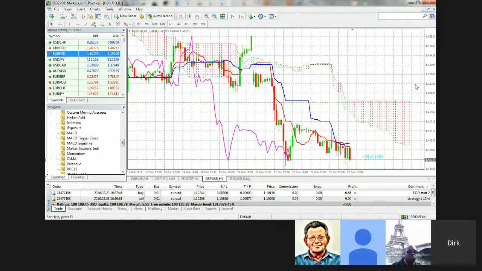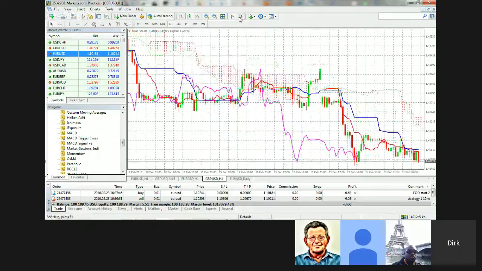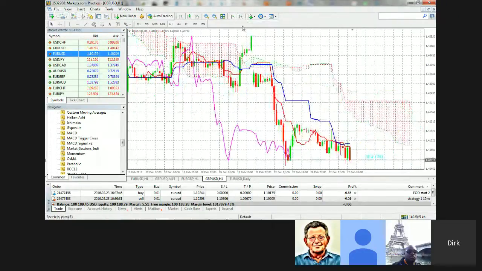Now you see that I've got some space in front of the chart as well. We need that, and to have that, you need to go to the top and activate the chart shift feature. You see there? I just click on it, gets the indentation, that means chart shift is on. And then I can see the future Kumo cloud. If you can't see the future Kumo cloud, make sure that you can see the open section in front of it, because that means you're looking at the entire future Kumo.